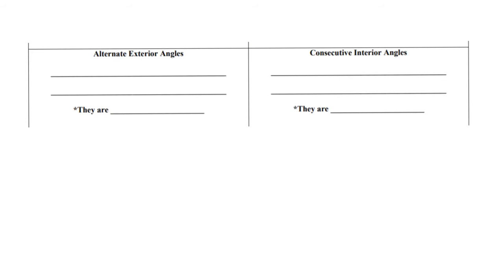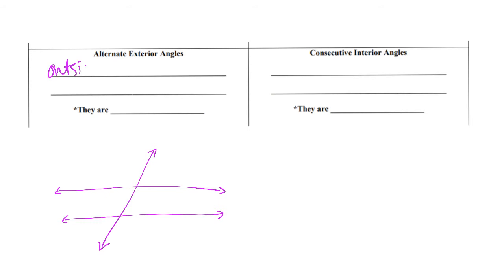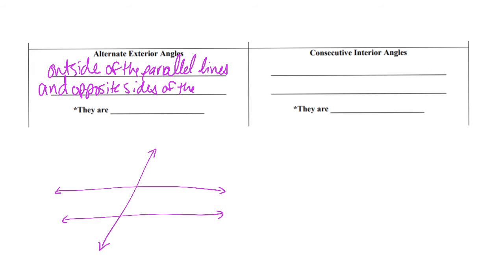All right, now we have alternate exterior angles. So we're still going to draw our parallel lines again. Same parallel lines we've had the last two definitions. Alternate exterior angles are outside of the parallel lines and on opposite sides of the transversal.